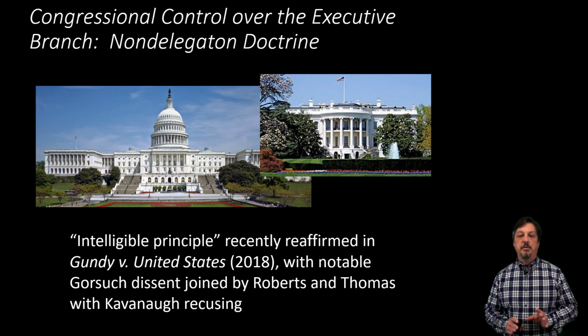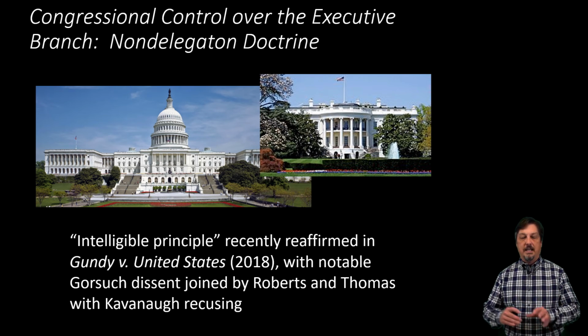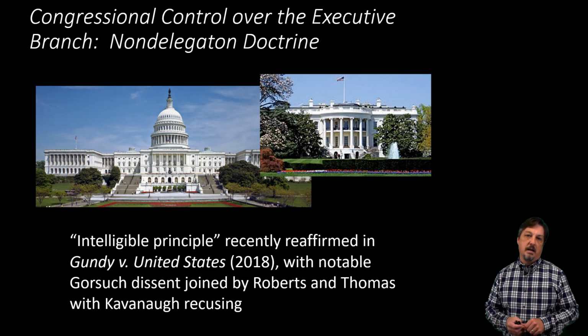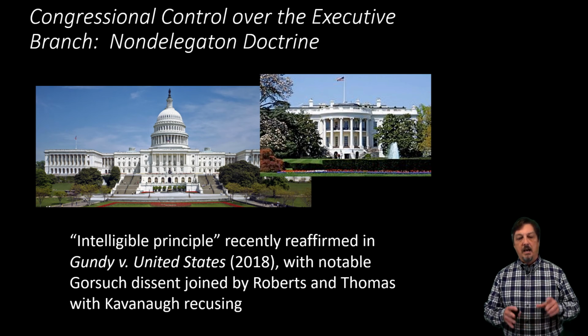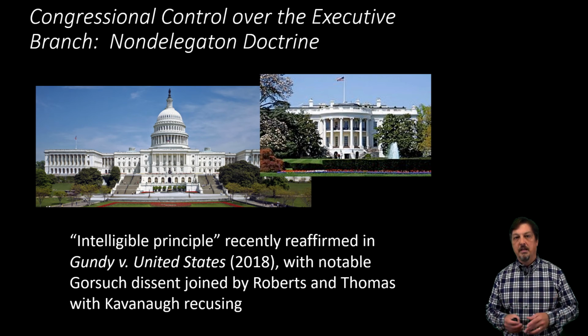But there was a notable dissent from Justice Gorsuch, joined by Roberts and Thomas. Kavanaugh had recused in the case because one version of the case had been before the D.C. Circuit when Kavanaugh was on that circuit. And Gorsuch, in his dissent, suggests that the intelligible principle doctrine has really gotten too broad and is kind of untethered from the Constitution. So we'll see. It's going to be one of those areas, I think, of ongoing debate.